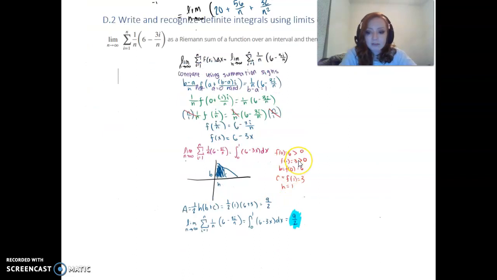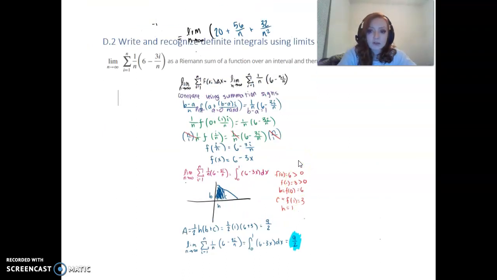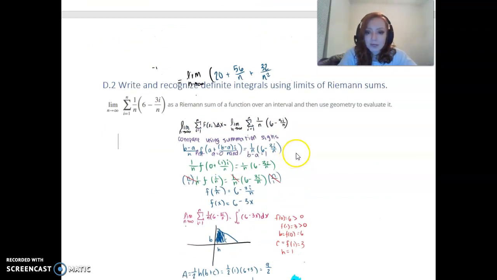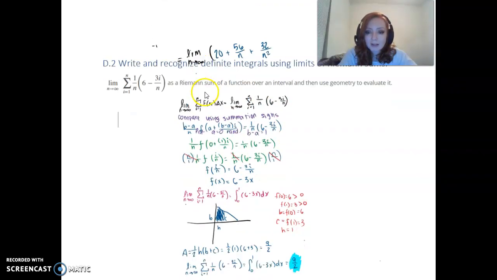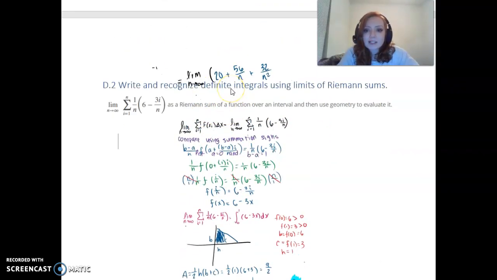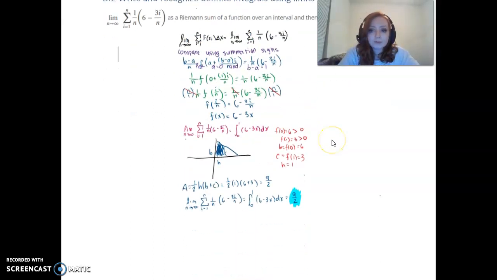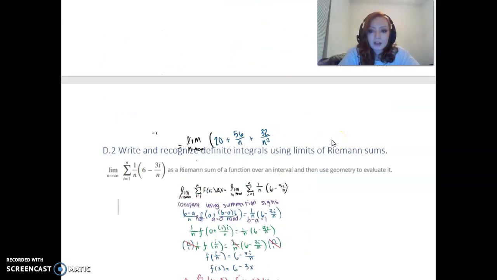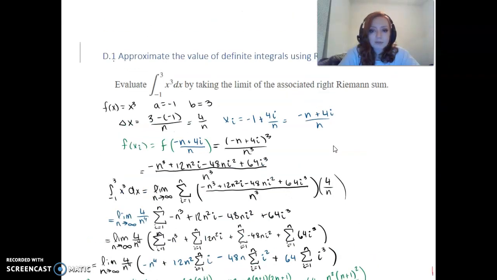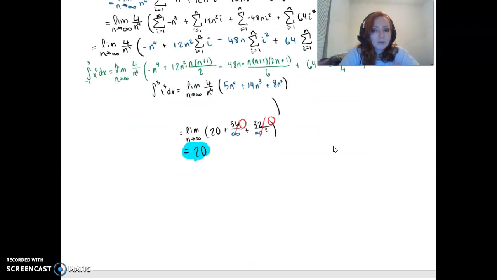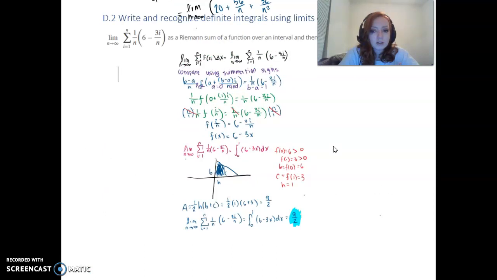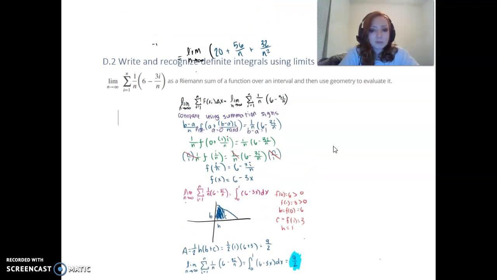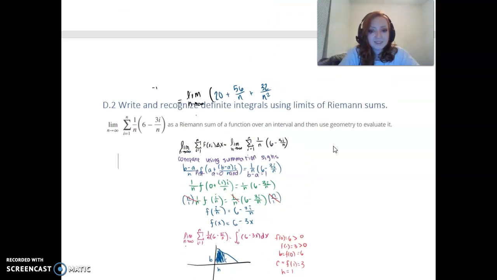For the second objective, it is to recognize, that's a little weird. Okay, I did write that out. It's to recognize the definite integrals using limits of Riemann sums. I might have gotten these a little bit confused, and I think I did, I don't remember because I meant to switch them and I didn't.